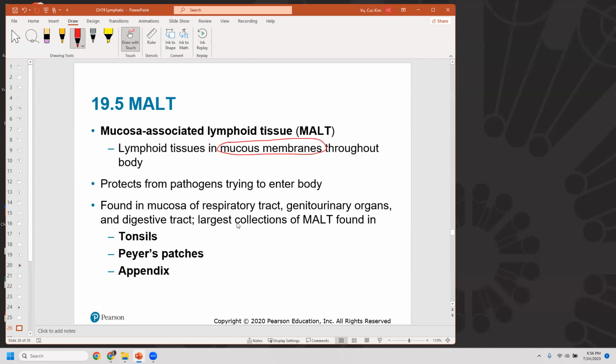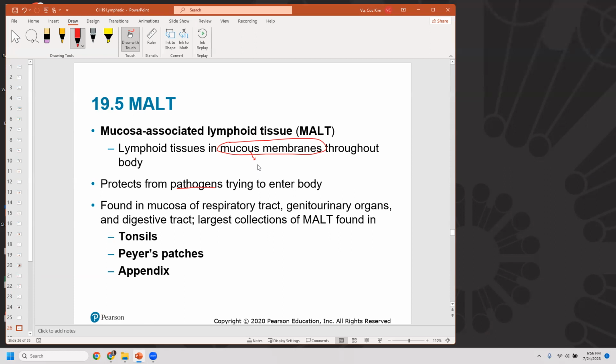They protect us from pathogens trying to enter our bodies, and that's really important because mucous membranes line what? Throughout your whole body, what do mucous membranes tend to line? Your openings. Yeah, exactly, your openings.